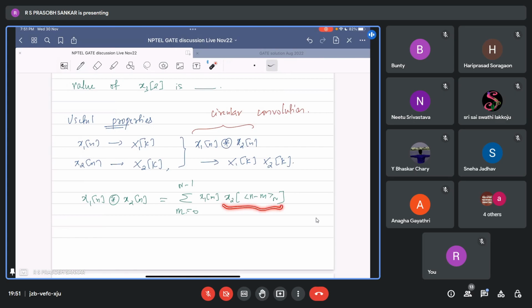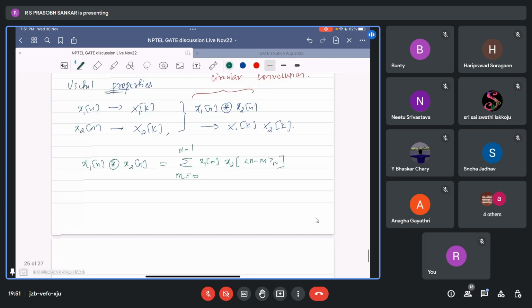Now, this notation is what we use for circular shifting. And what does that mean? For example, if we have a sequence 1, 2, 3, 4, this is basically the circular shifting.